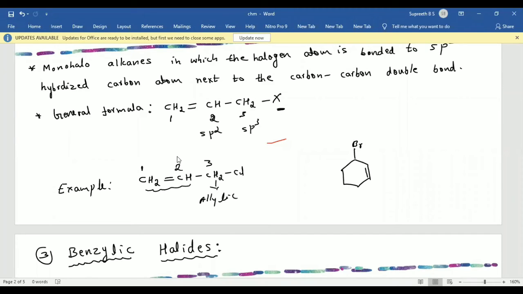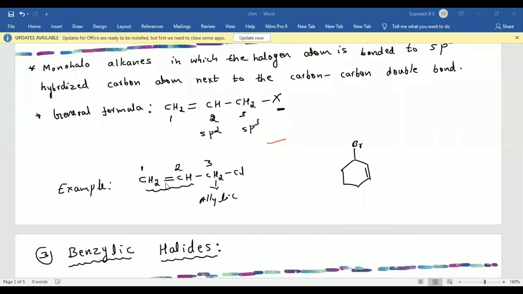Now name it. Numbering from which side? You have to start numbering from which side, from left to right or right to left? In this case, we have a double bond and a chlorine atom. First preference goes to the double bond or the chlorine substituent group? You have to give first preference to the double bond. So numbering from the left side.